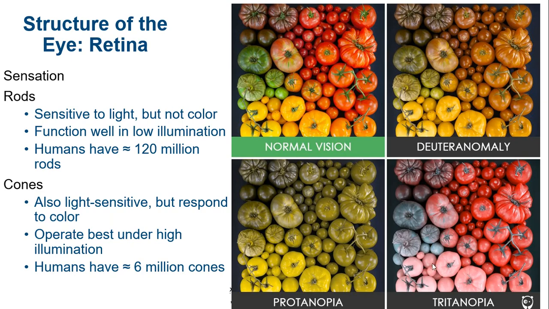Again, it could be that they're missing the cones or that the cones aren't very sensitive, but that's going to affect the color of blue and everything related to blue, which is going to include purples. Now, in the top left-hand side, you're seeing someone who has normal color vision.